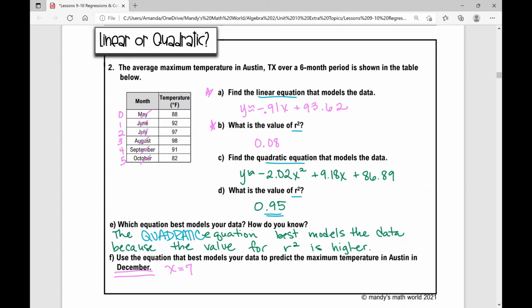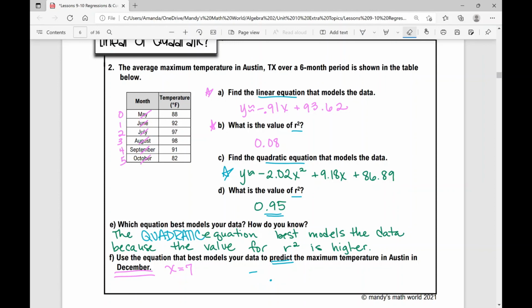And then when we used this equation right here to predict the maximum temperature in Austin in December, we plugged in 7 for x. Actually, we didn't do that yet. Let's do that now. I'm going to plug that in.